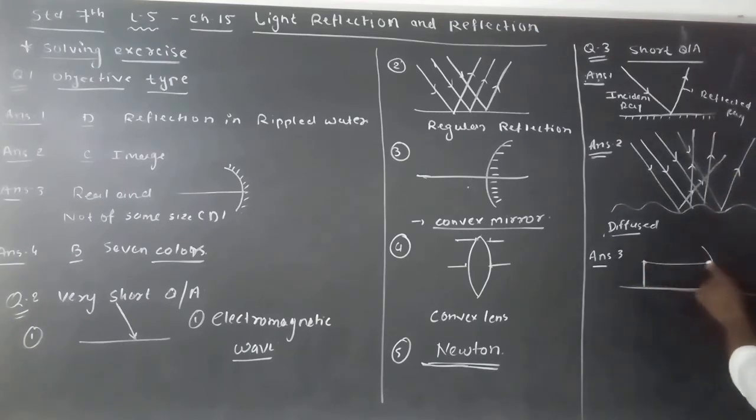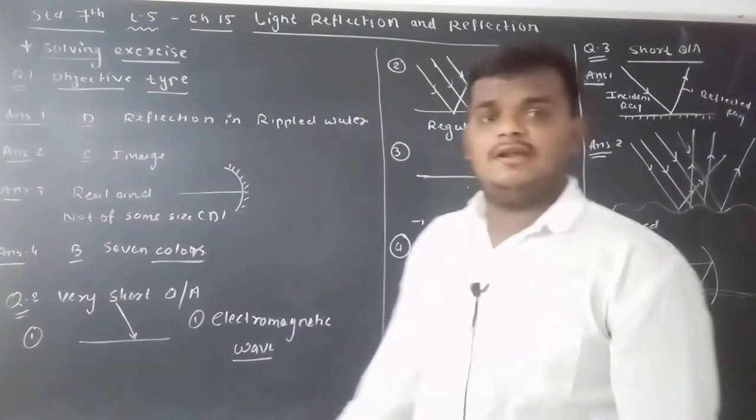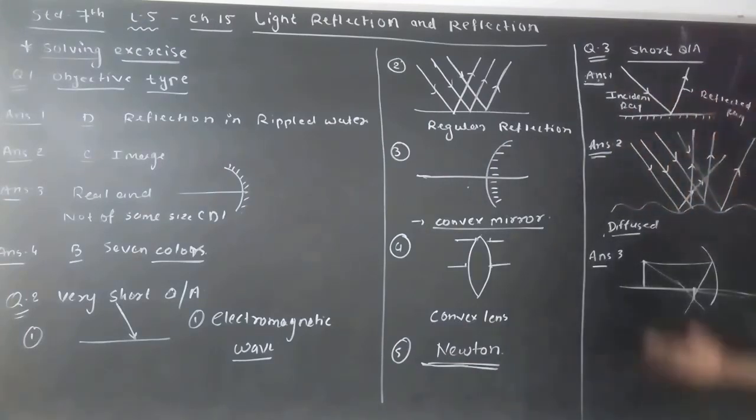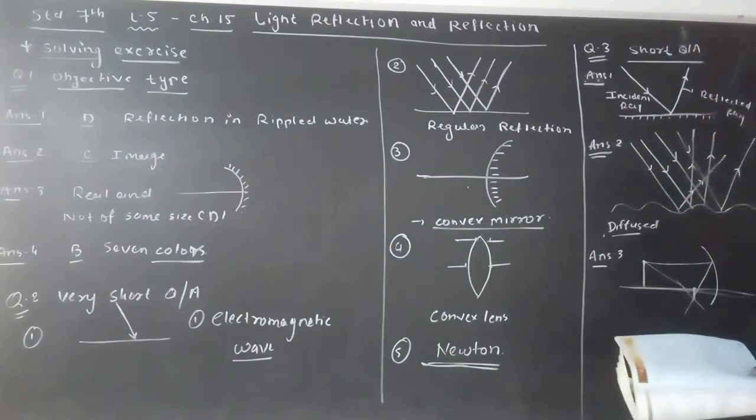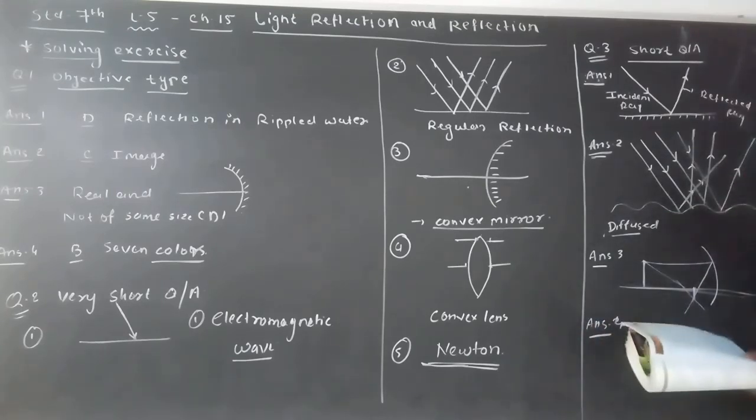After the formation of the image by the mirror, the image gets laterally inverted. When the image gets laterally inverted, it creates a lateral inversion. This is given in your textbook. This is lateral inversion.